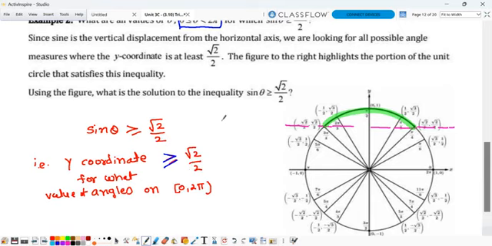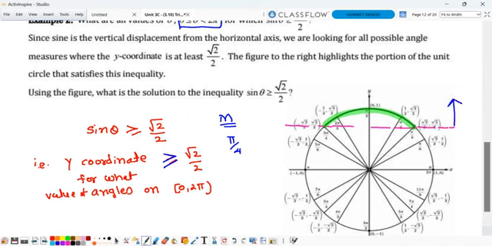So first thing, make the connection. Root 2 over 2 means a medium angle. Medium angle means your answers are in terms of pi over 4. Draw the line, find the root 2 over 2 y value and draw the line. Greater than means on the circle, y values greater than this. So start from pi over 4, ends at 3 pi over 4.